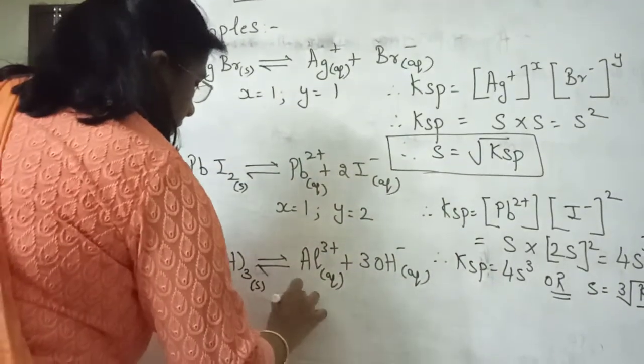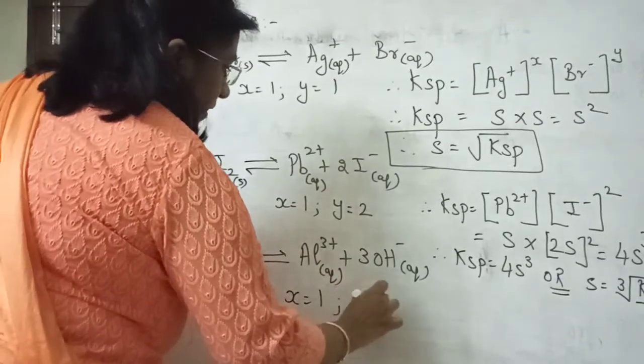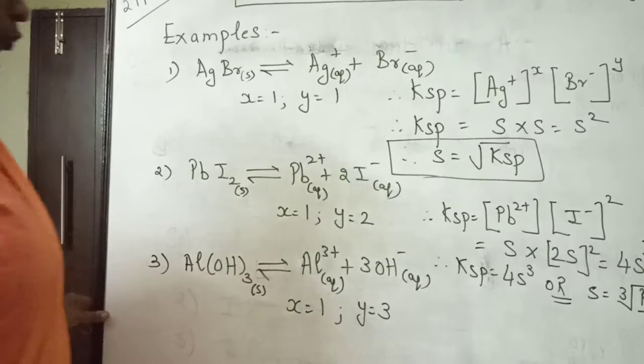Here x is equal to 1 for Al3+, and y will be equal to 3 for OH-.